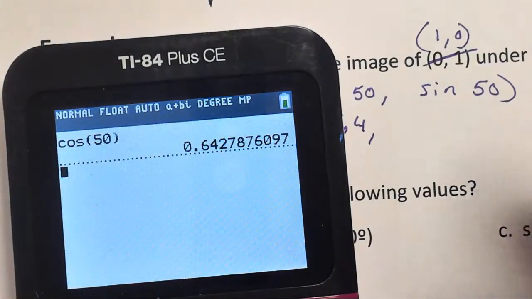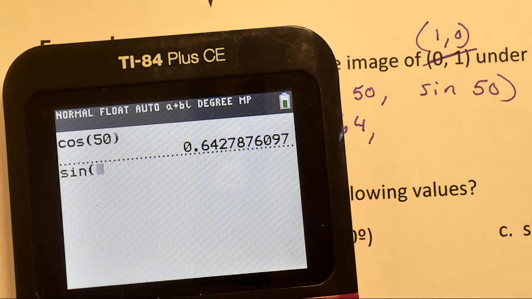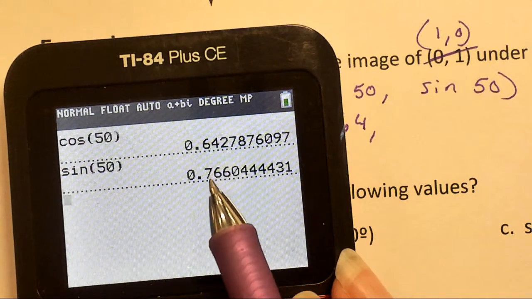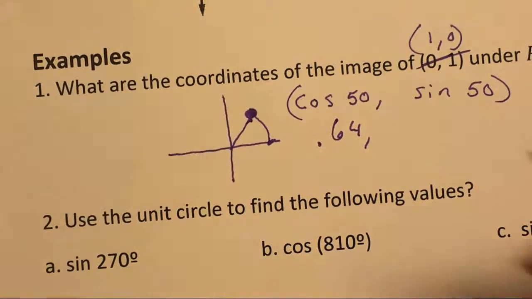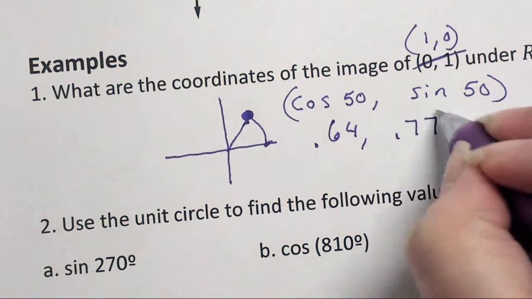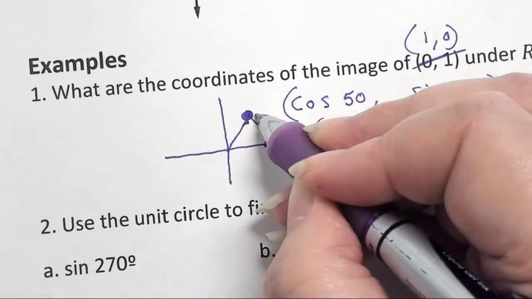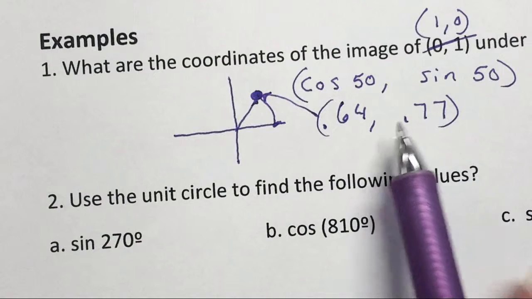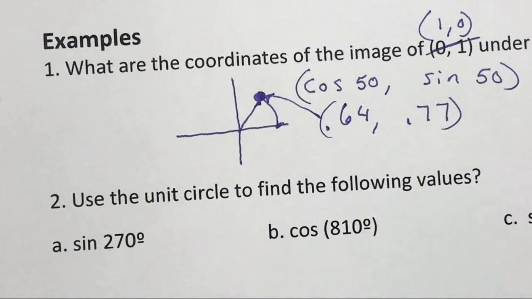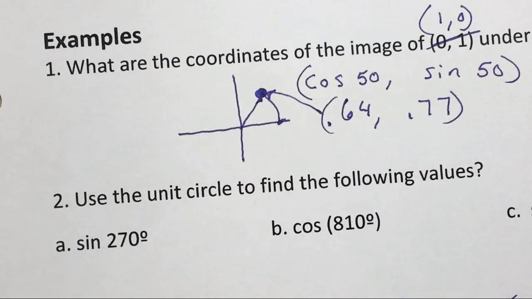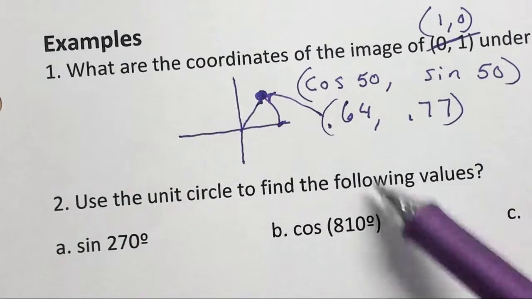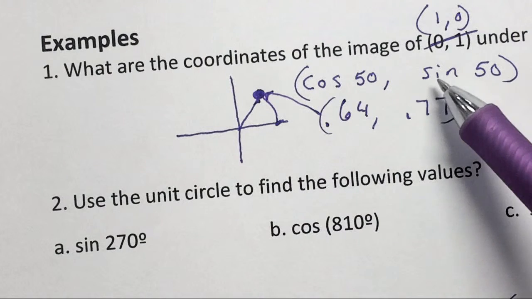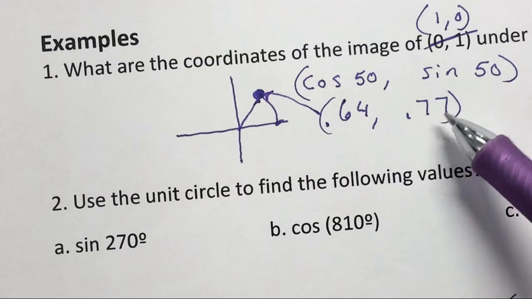Our sine of 50 is 0.77. So that point right there is 0.64, comma 0.77. The other thing I can say is cosine of 50 is 0.64. The sine of 50 is 0.77.